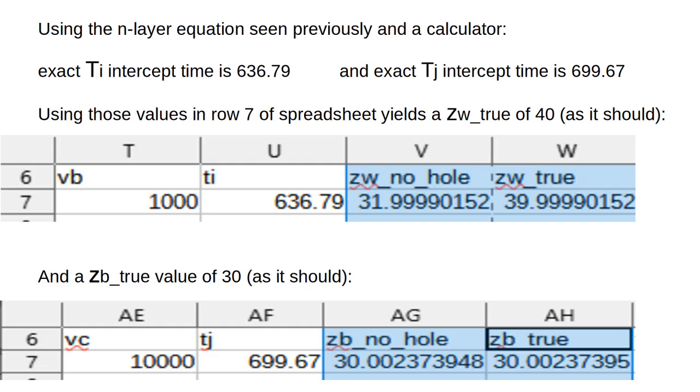Using the n-layer equation seen previously and a calculator, the exact TI intercept time is 636.79, and the exact TJ intercept time is 699.67. Using those values in row 7 of spreadsheet yields a true weathering thickness of 40, as it should, and a second layer value of 30, as it should.